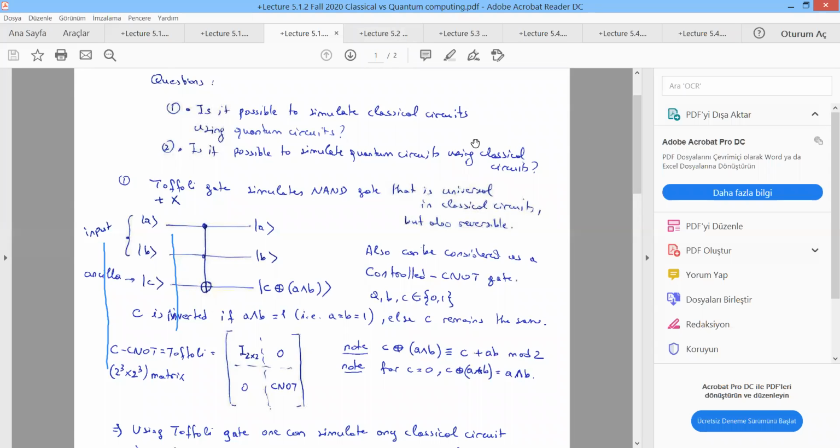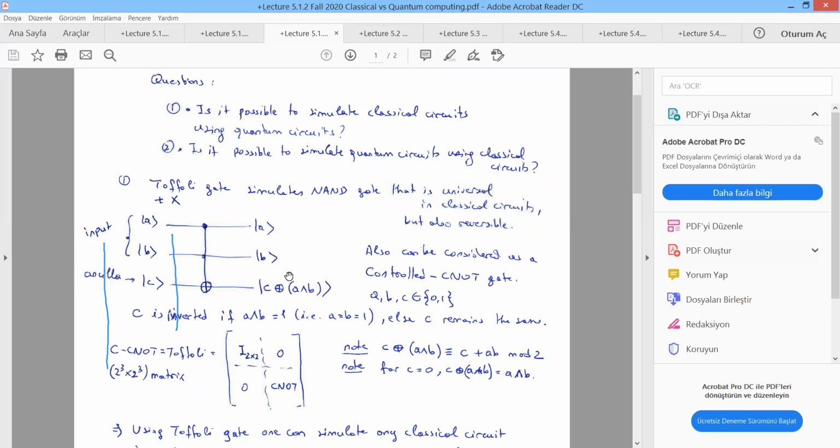Again, the Toffoli circuit is defined as follows: in the input we have control bits A and B, and in the output the target bit is sometimes called the ancilla bit, or sometimes answer bit in certain texts.